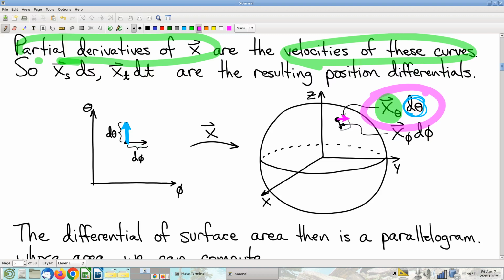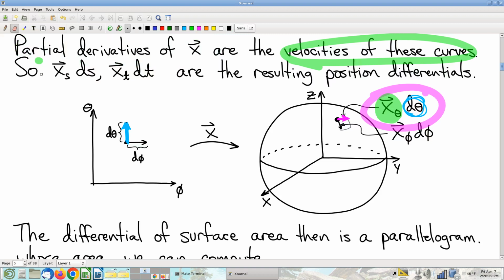Let me pause on that. What do you think? Everybody all right with that? This is just saying velocity times time gives you displacement. Okay, all right.